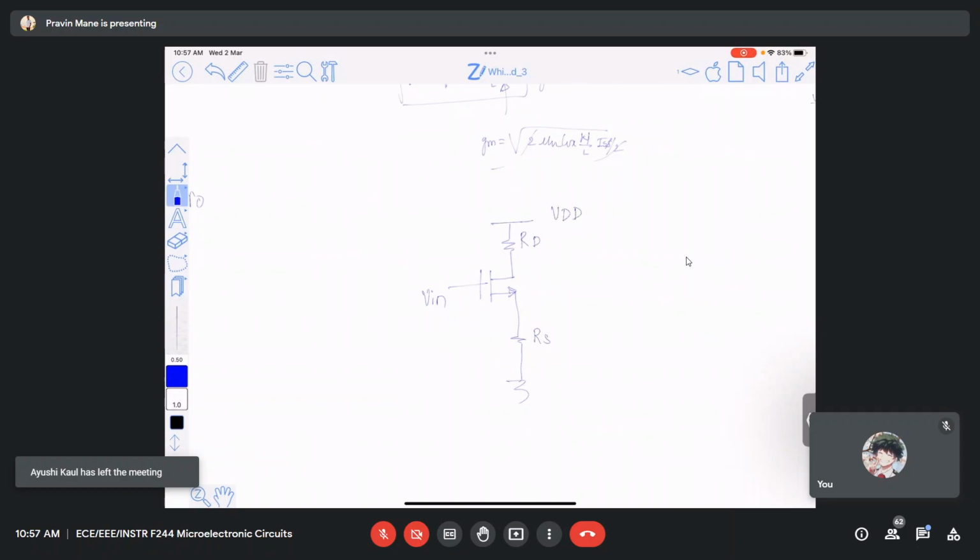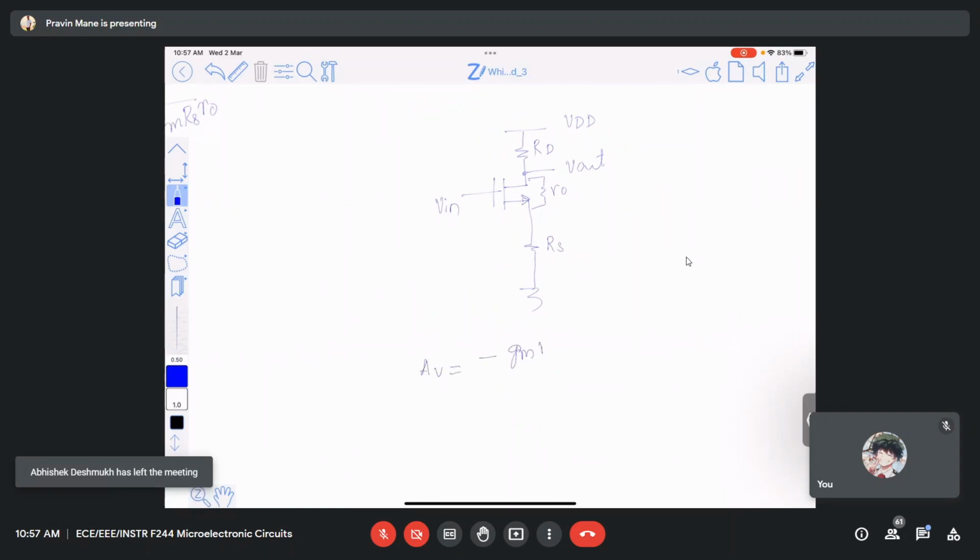If I take the output from this terminal, in absence of RO, if RO is neglected, because if RO is there, it becomes a very long expression. For common source amplifier with RO, AV is given by minus GM RO RD upon RD plus RS plus RO plus GM RS RO.